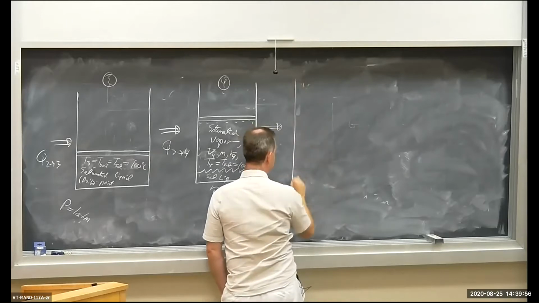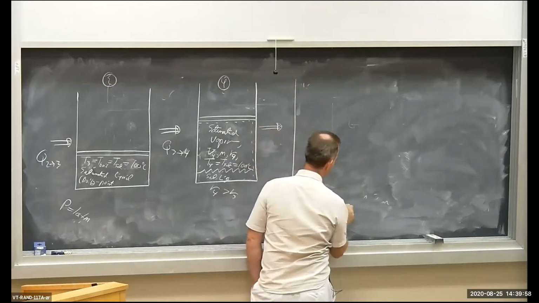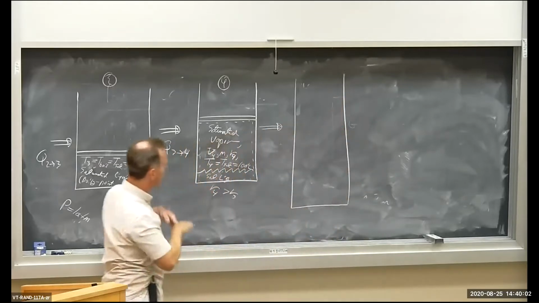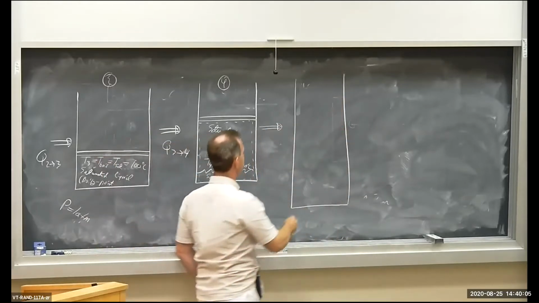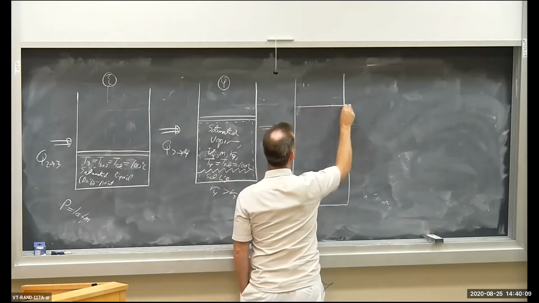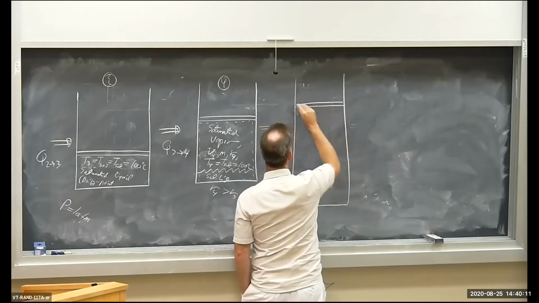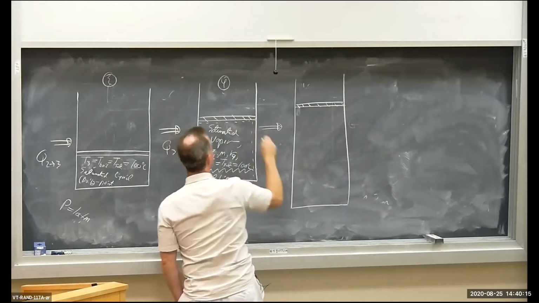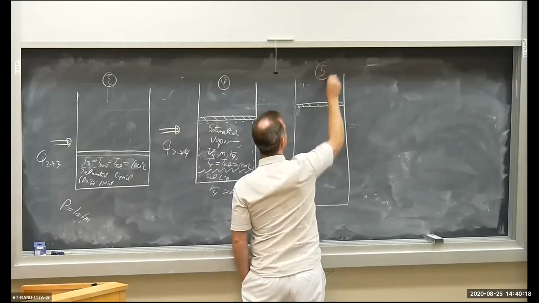Going to have to make my piston cylinder device deeper, as I boil away the rest of the liquid, the volume is going to increase even more. So make it a little bit deeper. Here's the top of my piston. Here's my piston right here. All the liquid has boiled away, so this will be state 5.